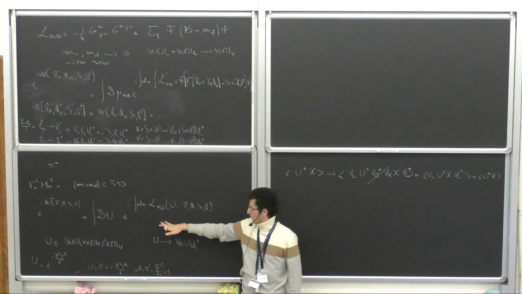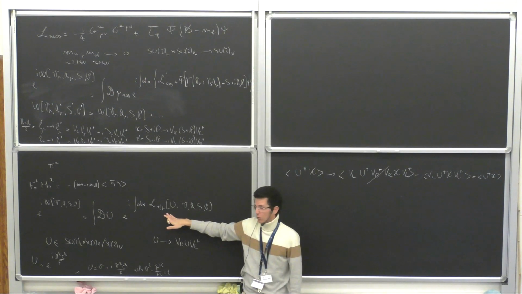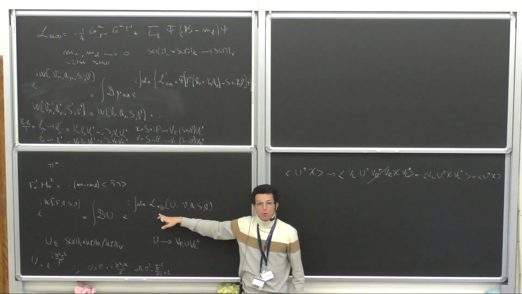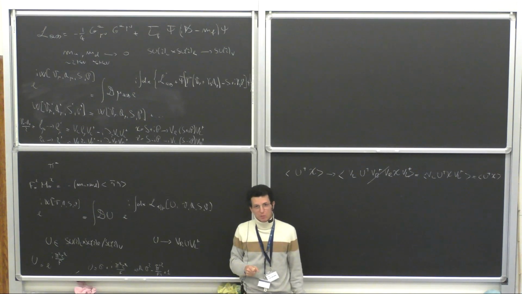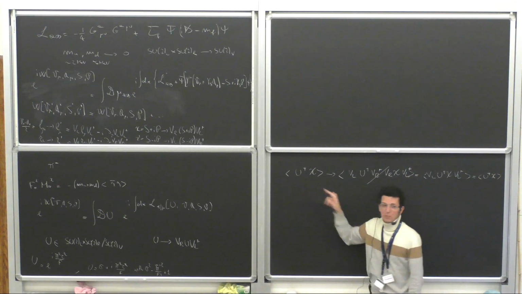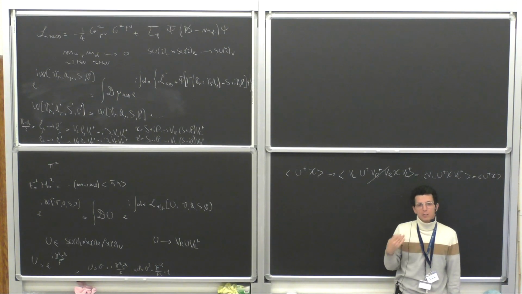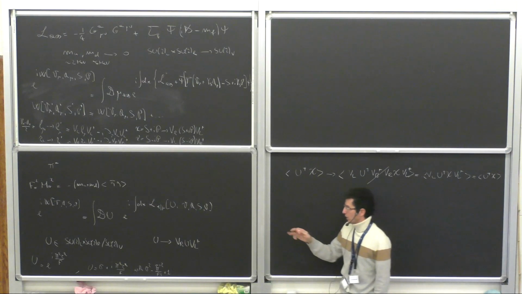In an effective realization of that, we have to identify all possible interactions that are invariant under the same symmetry. So one of those is this one, U dagger chi traced over flavor. This is a possible term in the effective Lagrangian.